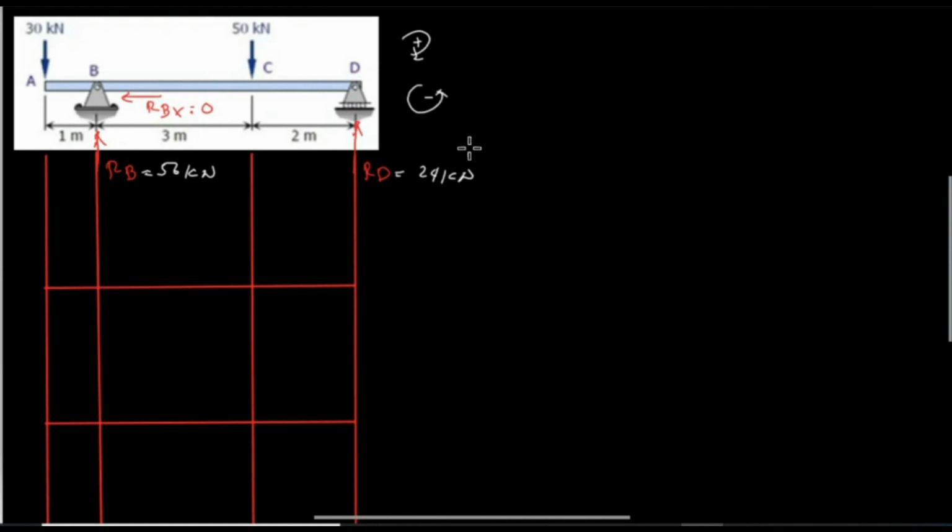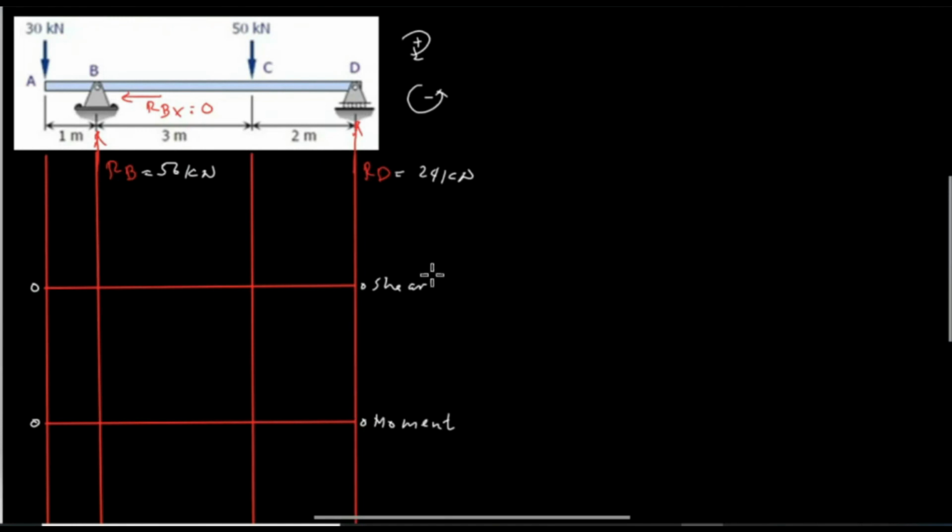So we will now draw the shear and moment diagram. So this one, we have a grid line for shear, and this is for moment. And the value for this is 0, and another for moment is also 0.